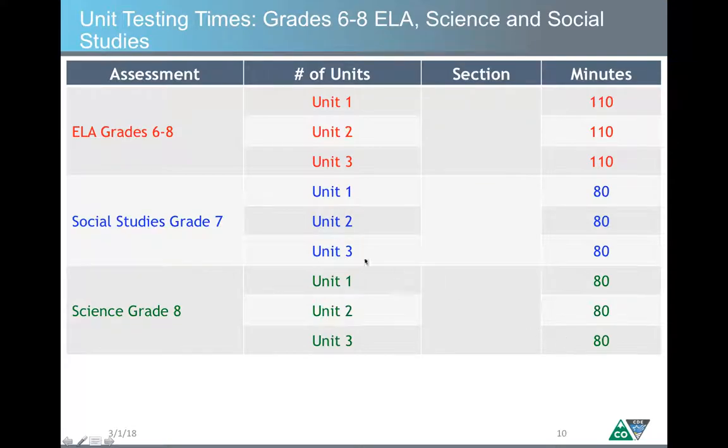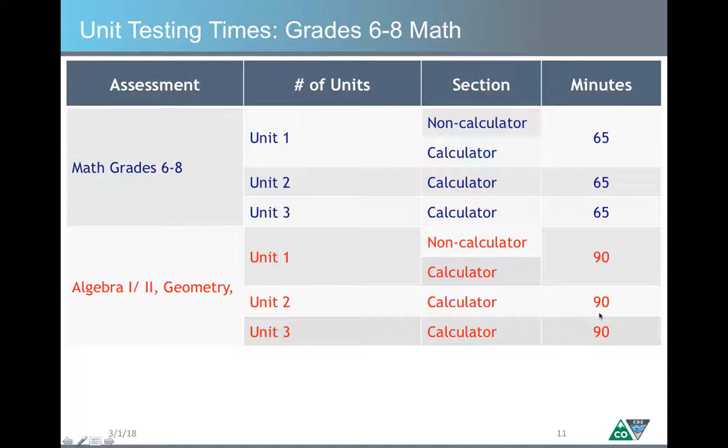In middle school, ELA, they're all 110 minutes. Social studies are all 80, science all 80 minutes. Math, 3 units, all 65 minutes, but if you notice, Unit 1 will have a non-calculator section, and then it will have a calculator section.